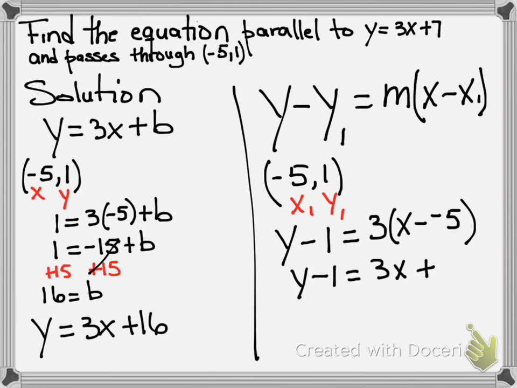Hence, ladies and gentlemen, we have y minus 1 equals 3x plus 15, and we do the additive inverse of negative 1, which is adding 1 to both sides of the equation. As a result, we have y equals 3x plus 16. It is the same equation which we got using the slope-intercept form.